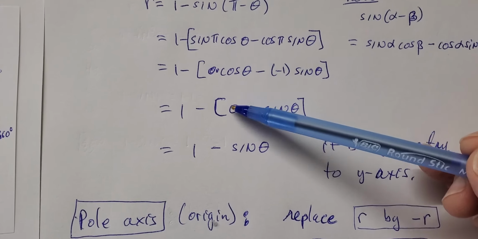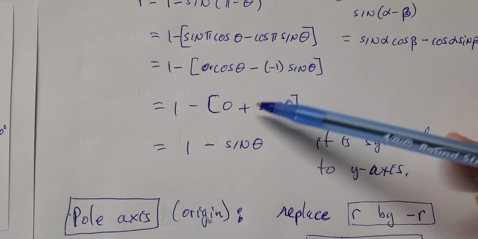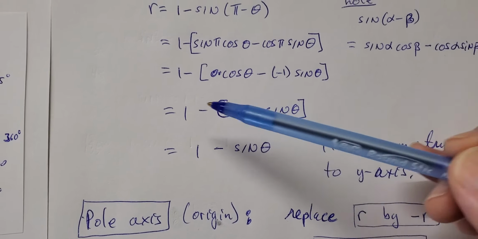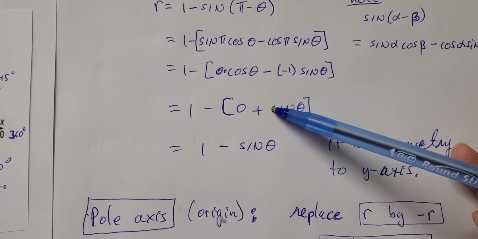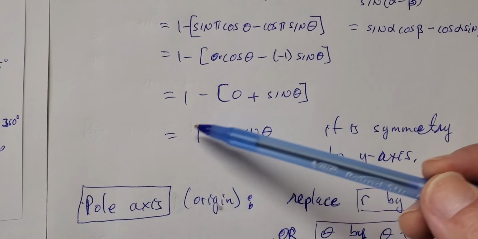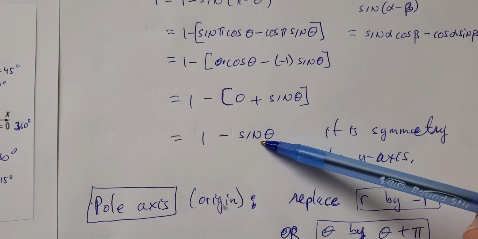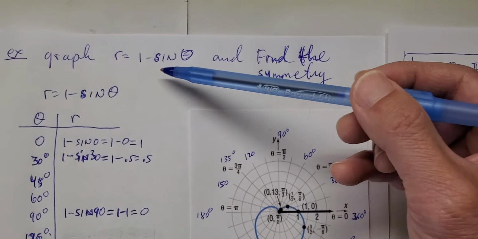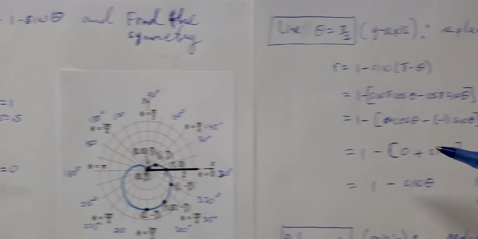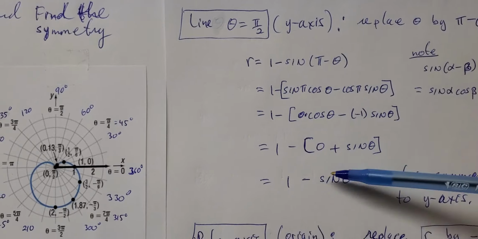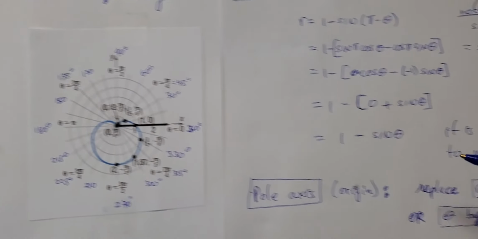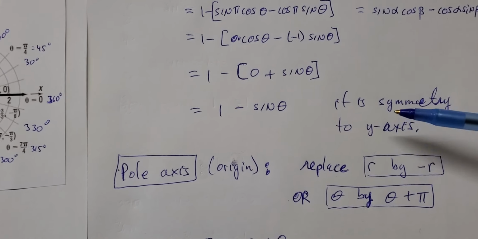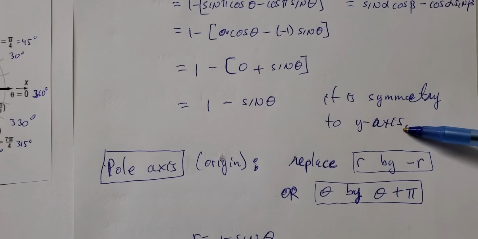So 0 times cos is just 0. Negative and negative gives me plus. Okay, but I have another negative. So that 0 disappeared. So negative, positive is negative. And as you can see, 1 minus sine is the same as the original problem. Okay, so if the answer is the same as the original, then it is symmetric. So in this case, it is symmetric to the y-axis.